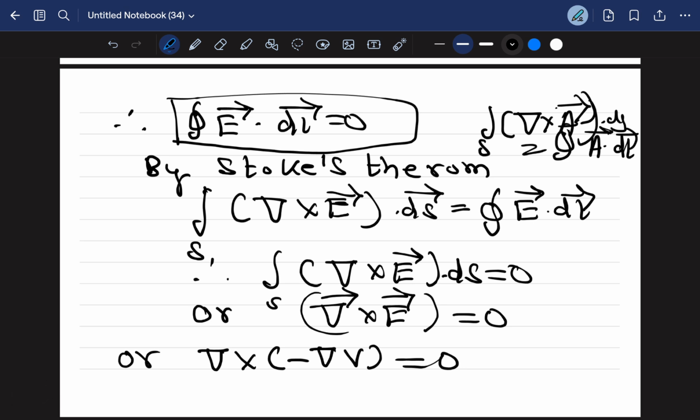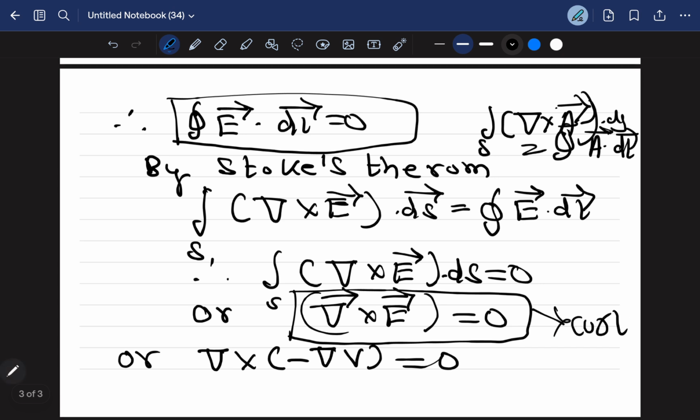So this is our Maxwell equation. The Maxwell equation tells us that the cross product of the gradient with the electric field is equal to 0. As we know, this cross product is the curl. So the curl of any electric field is equal to 0. That means any vector whose curl is 0 is an irrotational field.